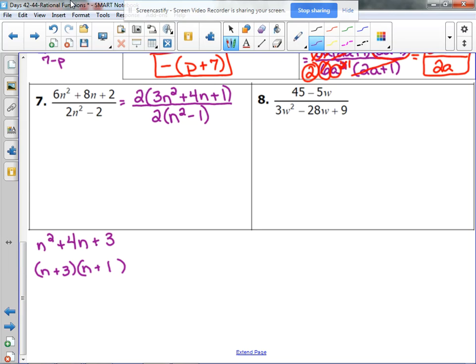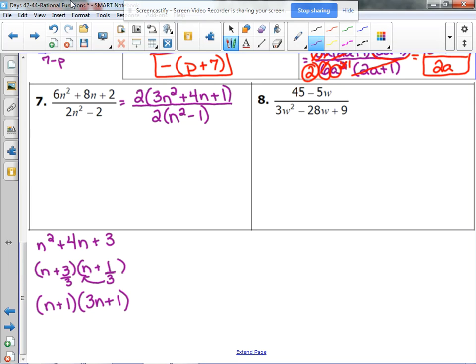Positive 3 plus 1 is positive 4. Divide. We slipped the 3, so we divide both of those by 3. So we've got n plus 1/3. 1 over 3 does not reduce, so we slide the 3 in front of that n.